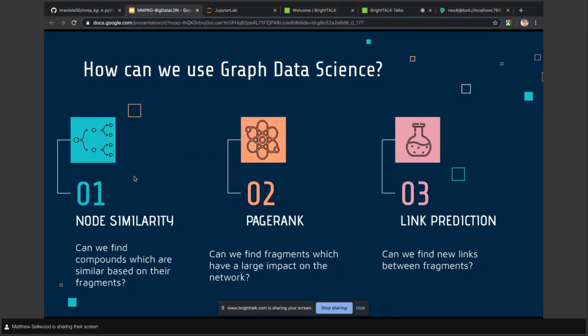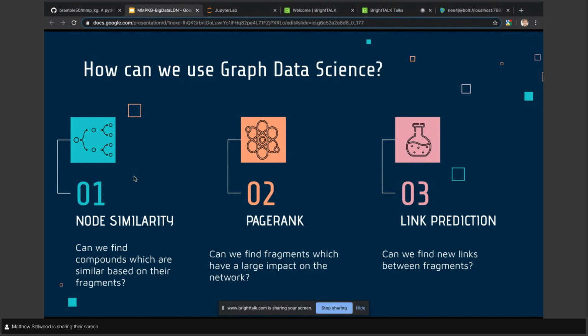Here we're simply looking to see whether we can find compounds which are similar to each other based on the fragments that make up their core structure. So the matched molecular pair algorithm breaks down the molecules into its fragments and then looks to see what the interactions between them are. And so we can use these fragments to see whether molecules are similar based on the fragments that they contain.